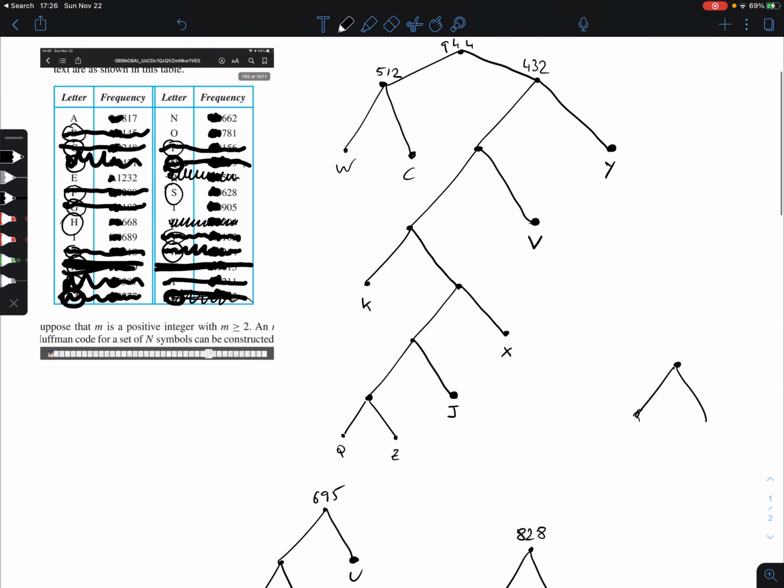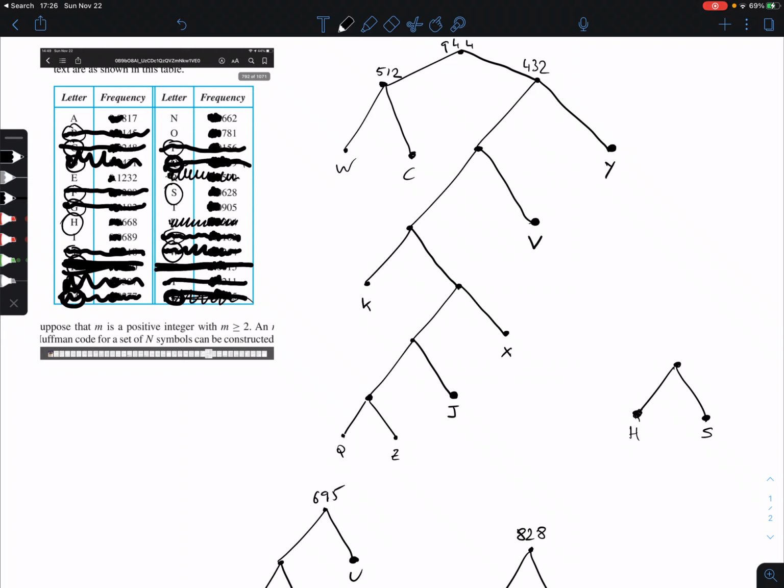H is slightly more frequent than S, but that surprises me. There are more H's than S's in English. I guess, I don't know, because S is used a lot in plurals and in verbs and so on. Okay. Who am I to question this?